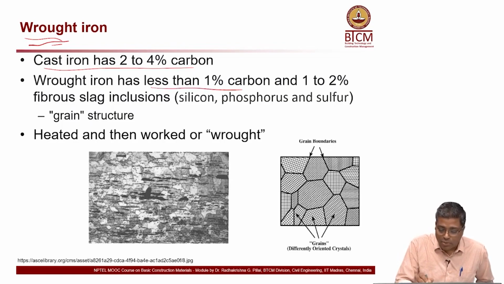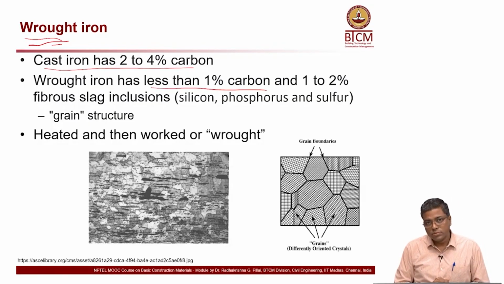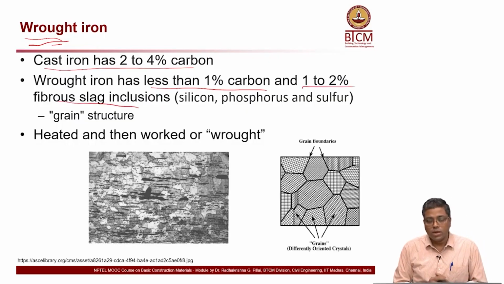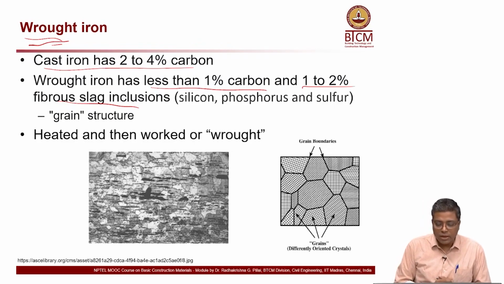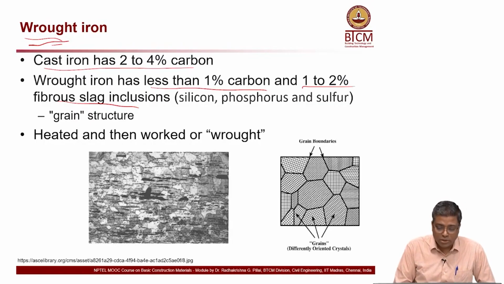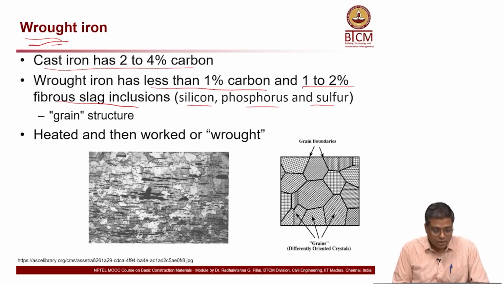It has less than about 1% carbon, whereas in cast iron you had 2 to 4% carbon, and 1 to 2% slag. That's the key ingredient now. So, you have both carbon and 1 to 2% slag, mainly silicon, phosphorus, sulfur. These are the contents which are present in the slag.